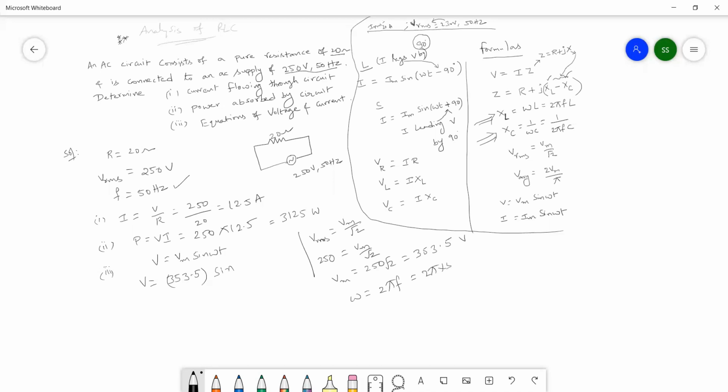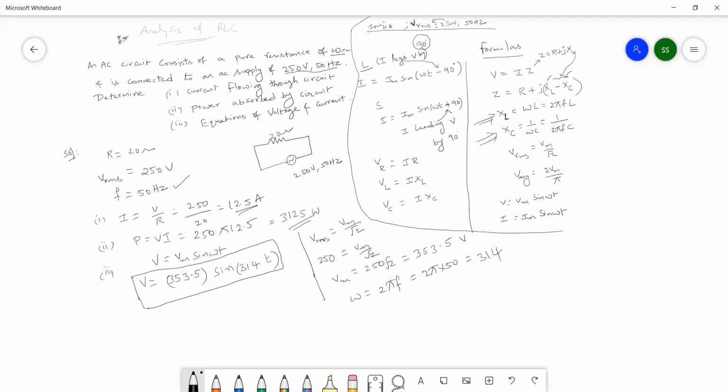So 2 pi into 50, how much? 314. Very good. Now sine of 314 t. This is what they are asking as the third bit.